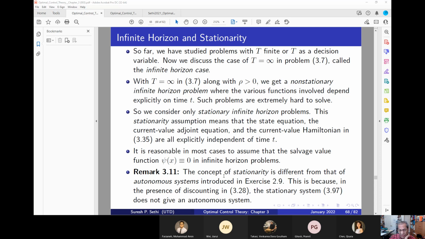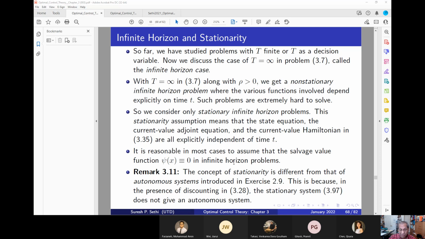I also want to show you that the stationary concept is different from the autonomous system that was introduced to you in exercise 2.9. Because we are using discounting, discounting always has a time dependence.